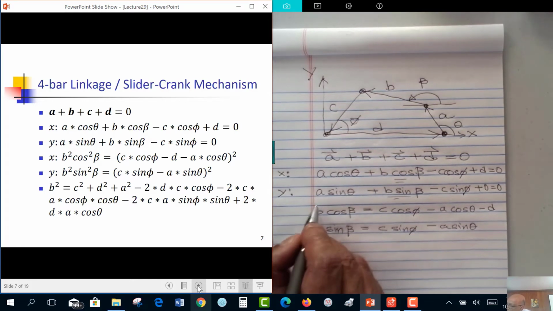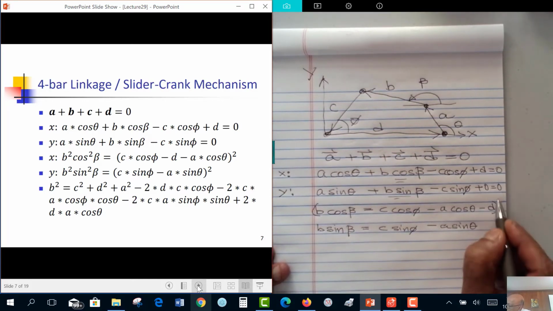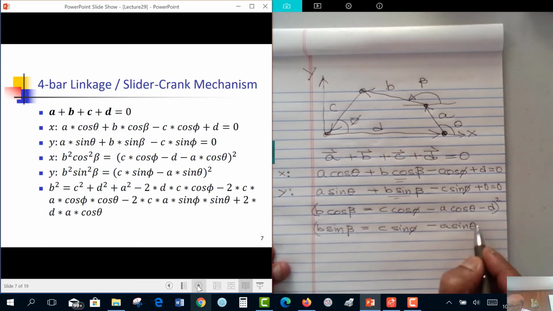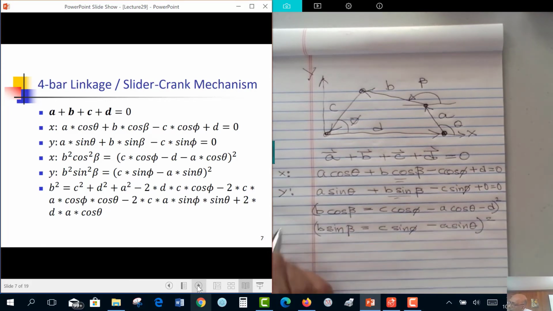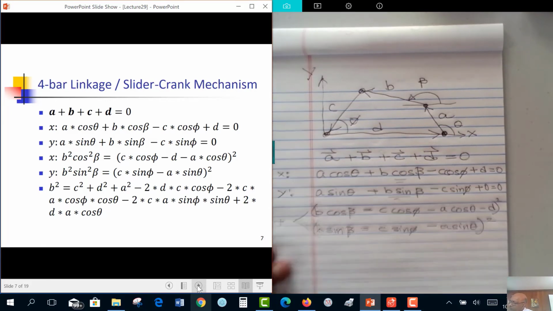Okay. Then what we are going to do is square both sides and add these two equations.